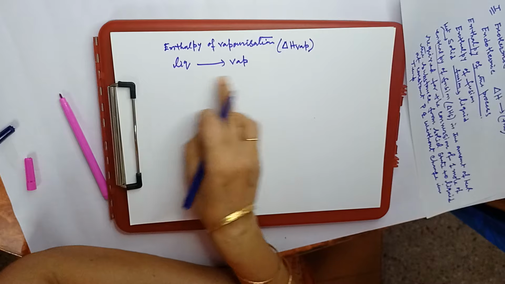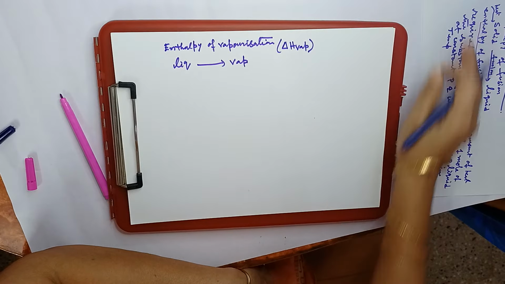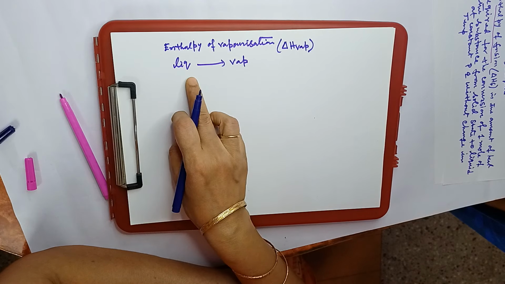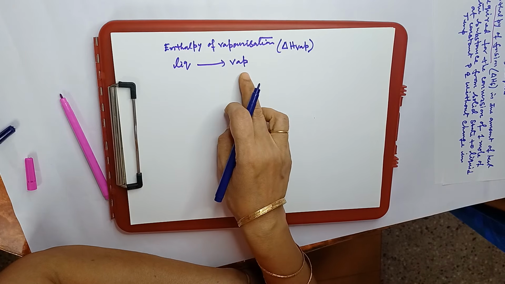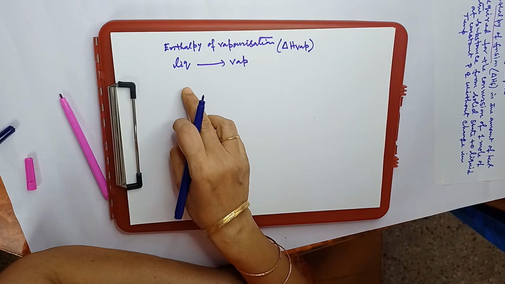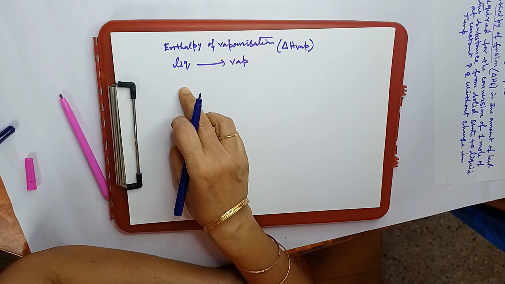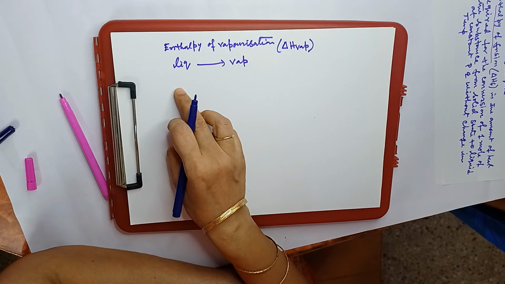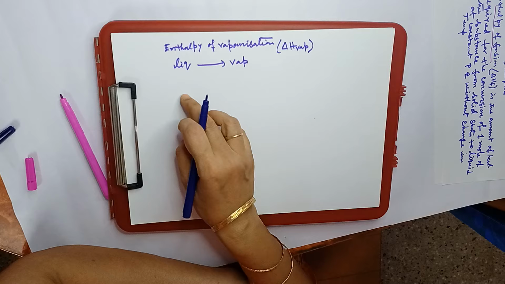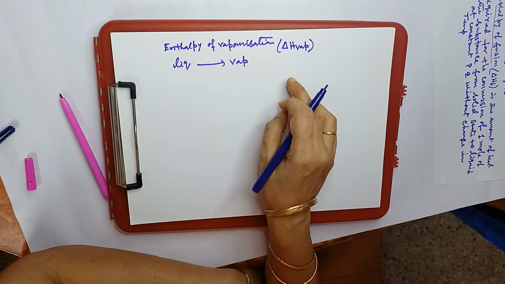Okay. How can I define that? In a similar way we can define. What will be the definition? The definition will be: enthalpy of vaporization is the amount of heat required for the conversion of 1 mole of liquid to the vapor state at constant temperature and pressure.